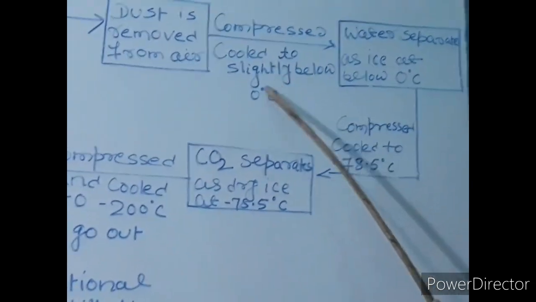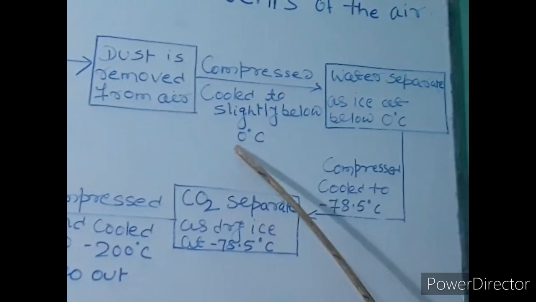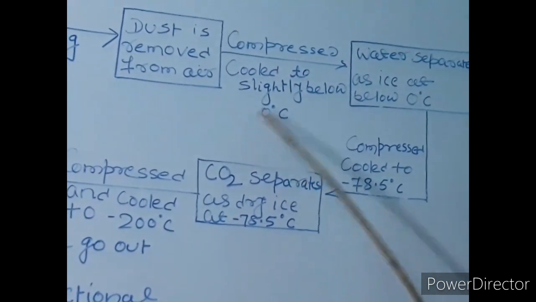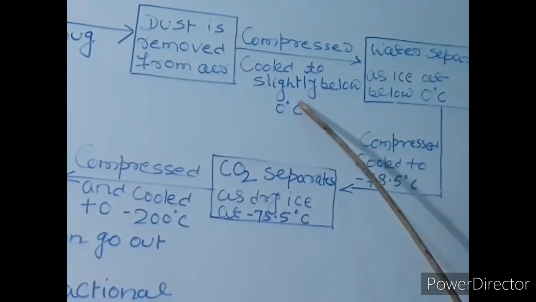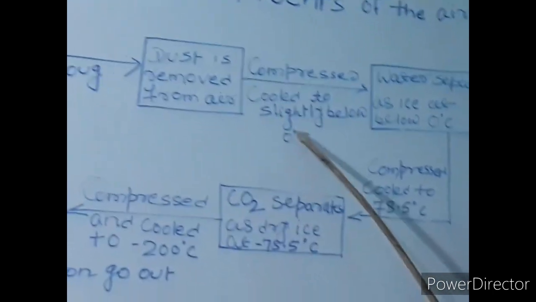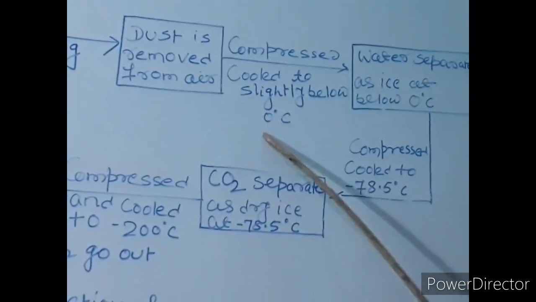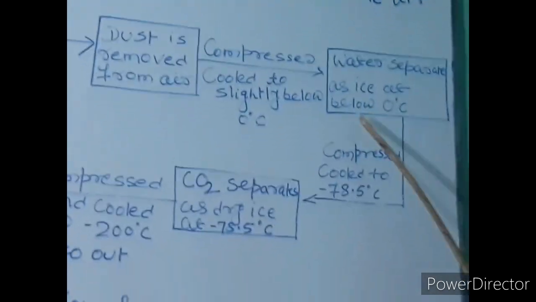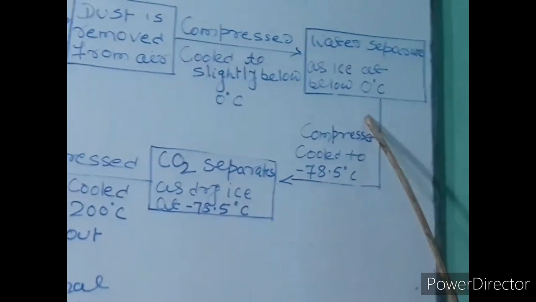What will happen? When you make the temperature around or below 0 degrees Celsius, the moisture, the humidity present in the air, converts into ice. So it means water separates as ice at below 0 degrees Celsius.